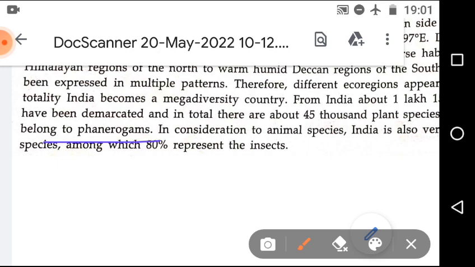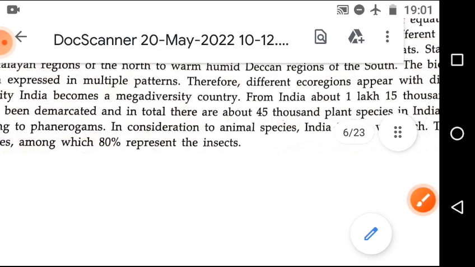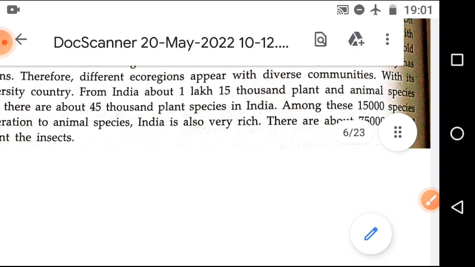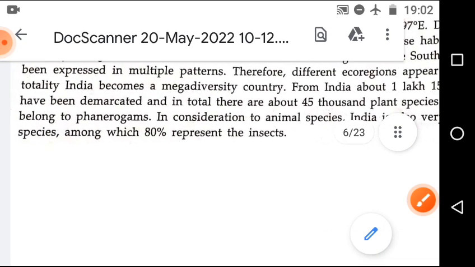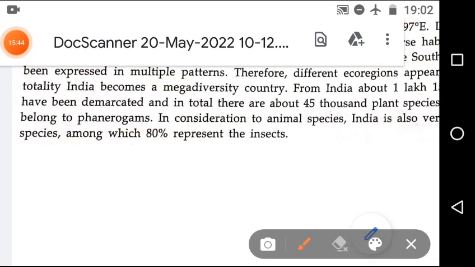Now, in consideration of animal species, India is also very rich. Not only plants, India is also rich in animal diversity. There are about 75,000 animal species, among which 80% represent insects.